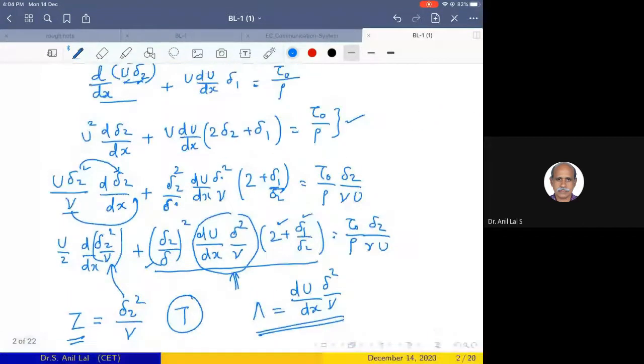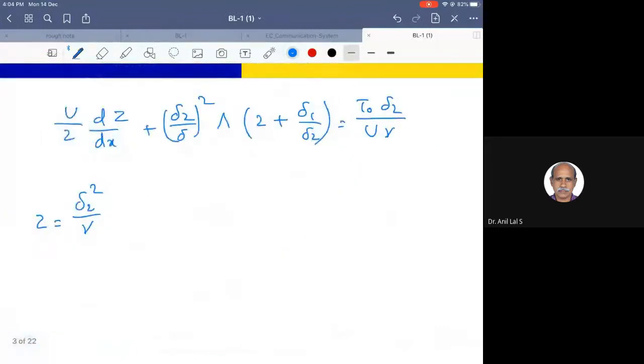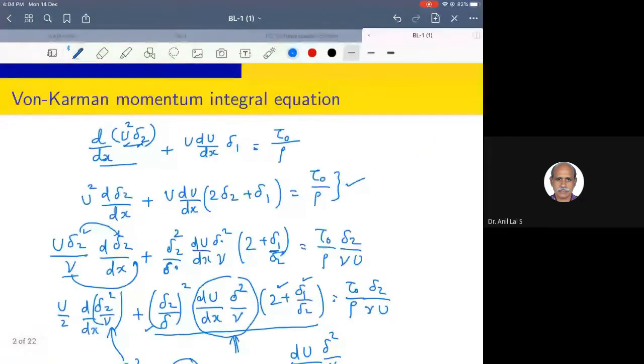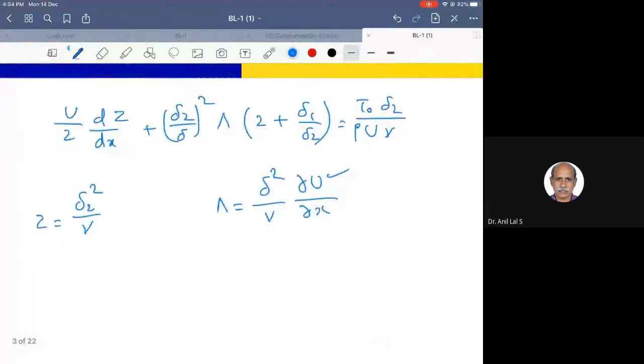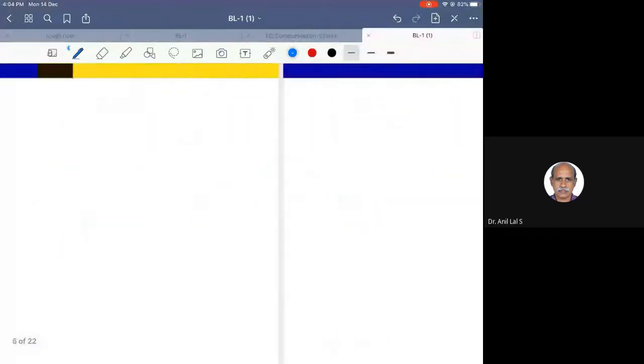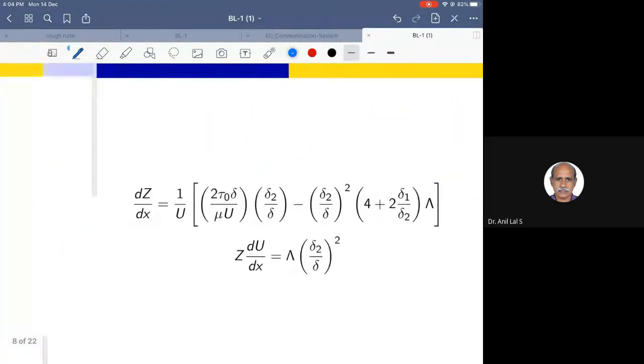So this kind of equation, tau naught by rho, is what we have, in which z is equal to this, and lambda is equal to delta squared by nu times du/dx, where U is the potential flow velocity.